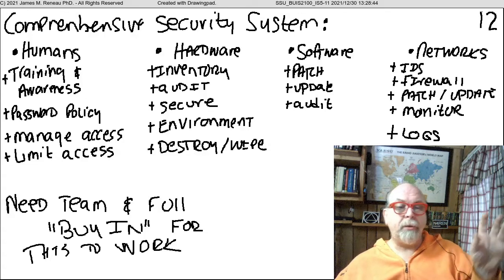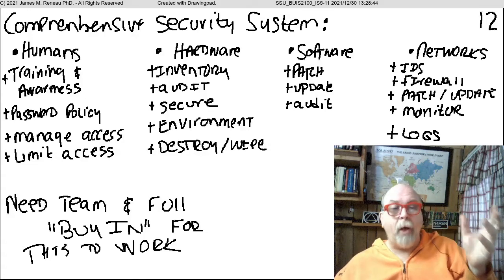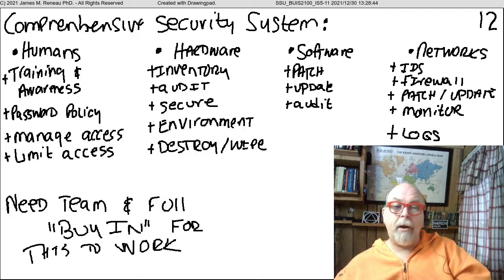So there's the human side. There's the hardware side. We need to inventory our hardware. We need to audit our hardware. We need to secure our hardware and make sure it doesn't walk away. Or we need to disable ports or other things so that we know that our hardware isn't doing things it's not supposed to do.